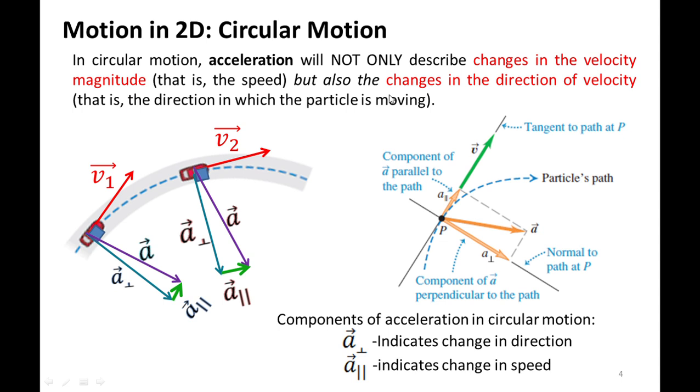So that means we have two different types of acceleration that are actually present in our circular motion. And now let's have this illustration. We have here a car moving from point 1 to point 2, and this is the same car, by the way.